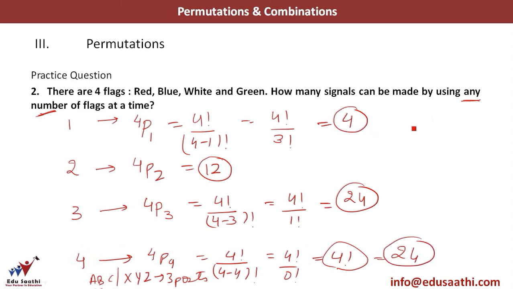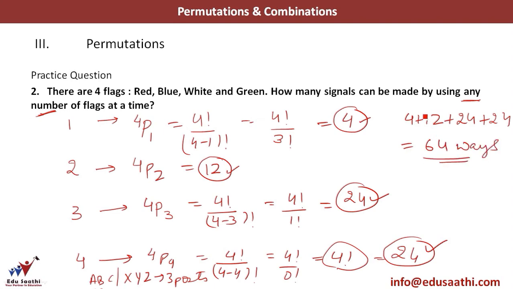So what is the answer here? Either I will use one flag, I'll have 4, or I will use 2 flags, or I will use 3 flags, or I will use 4 flags. The total number of ways will be after I add all these. So I have 4 plus 12 plus 24 plus 24, which is 64 ways.